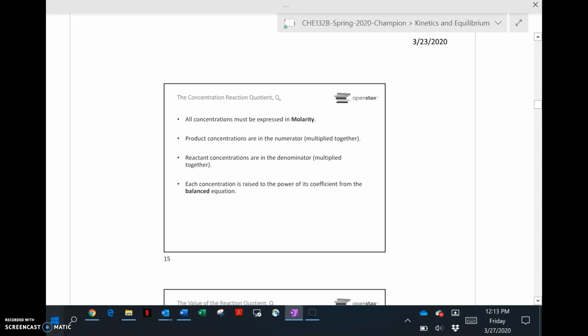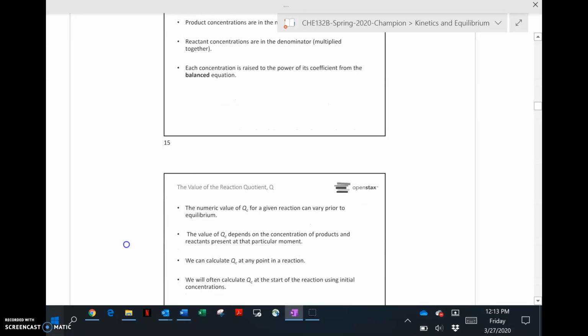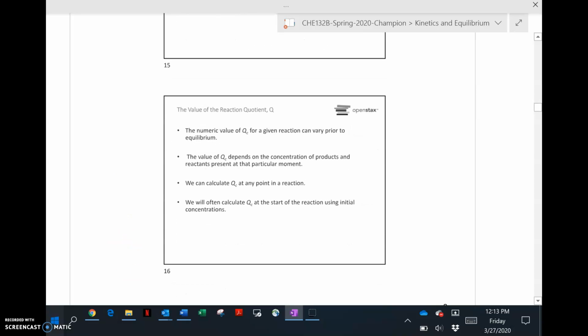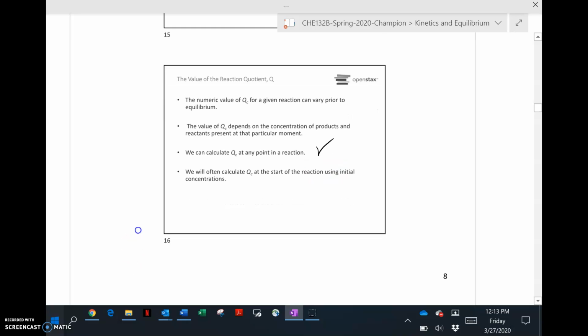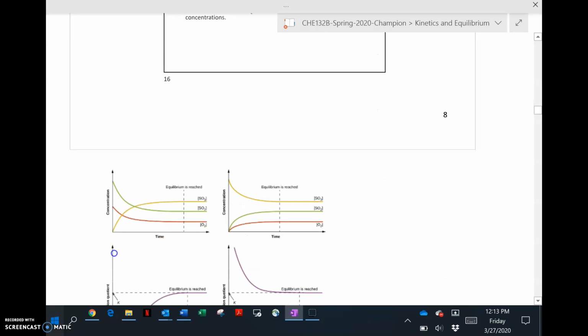When we calculate the value of Q, we actually kind of ignore the units. So I hope that's a refreshing break to you, that we ignore those units. Then you calculate Q for a set of values for whatever the concentrations are at that point. And you can calculate Q at any point in the reaction. That's the whole point of it. We can calculate it any time. And we're going to use it to tell when we're reaching equilibrium.